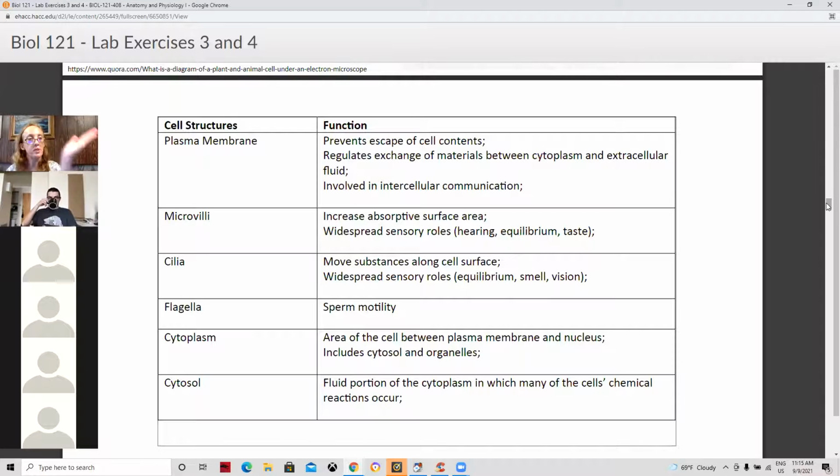These are the little flippers that go back and forth that allow something to swim. Don't think too hard about this. If you read the slide, the answer's right there.